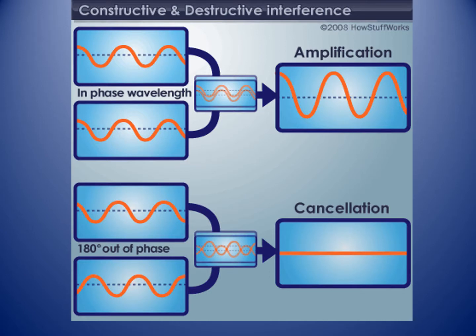So for example here, the in-phase waves will come together and amplify, and we'll have a higher amplitude, frequency still the same. As opposed to if they're out of phase, for example, you see this one's upward, this one's downward, they cancel each other out.